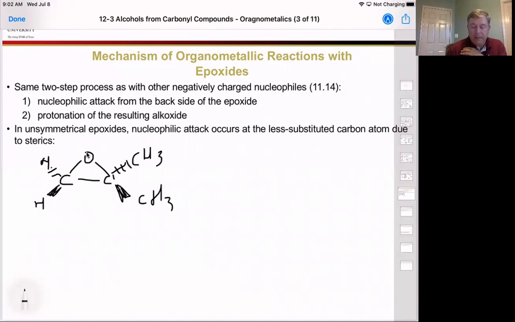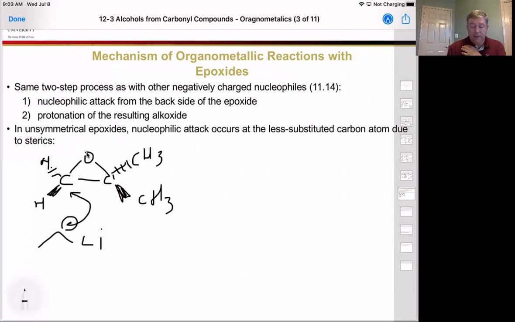And what we'll see is if we attack this with, let's do an ethyl lithium group here, we're going to see attack by this anion, this nucleophile, and it's going to attack on the back side, which is the side opposite the oxygen, and it is going to attack on the least substituted side of the epoxy.